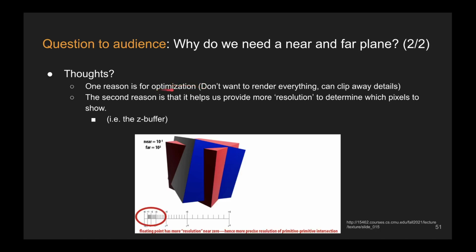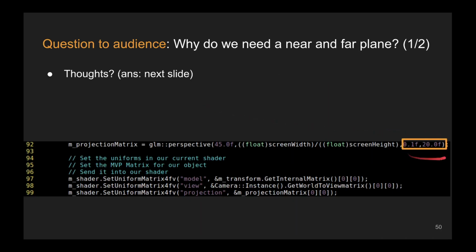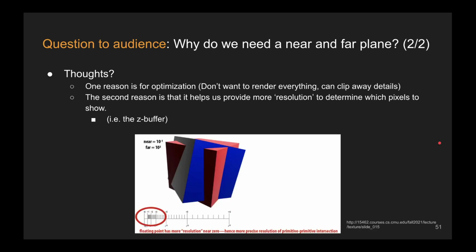But instead, if we make it really short, we can just clip away a bunch of details and not have to do that computation. But the second reason is that by having a more precise, so something that's a reasonable range, like 0.1 to 20, again, instead of making this just 1,000 or something random, we actually get more resolution to determine which pixels to show.